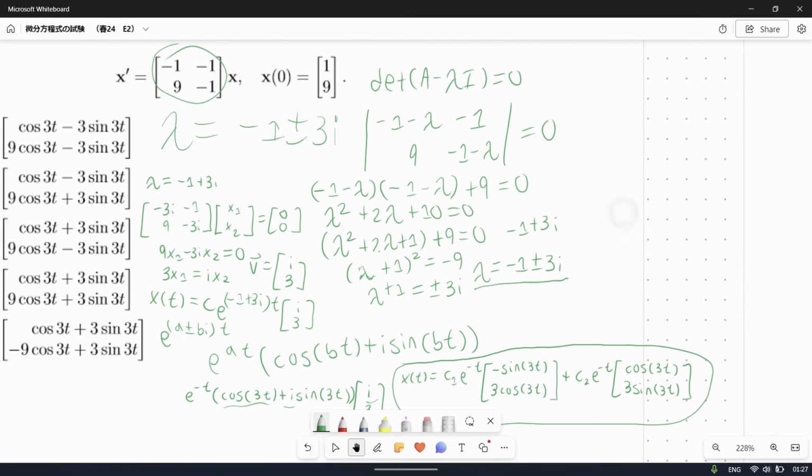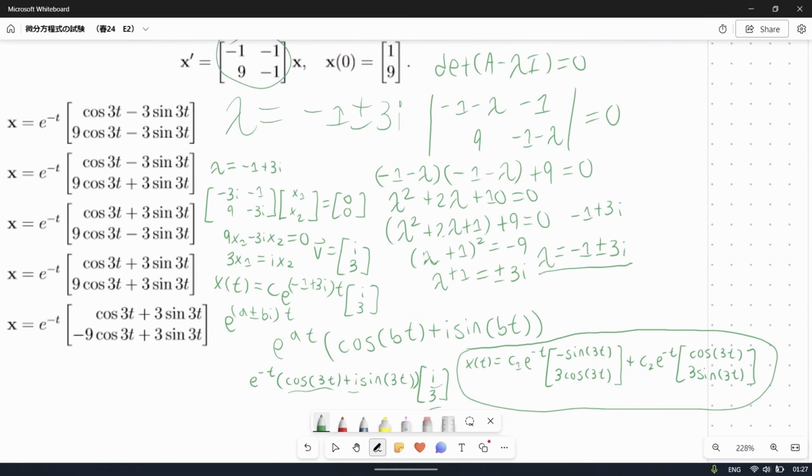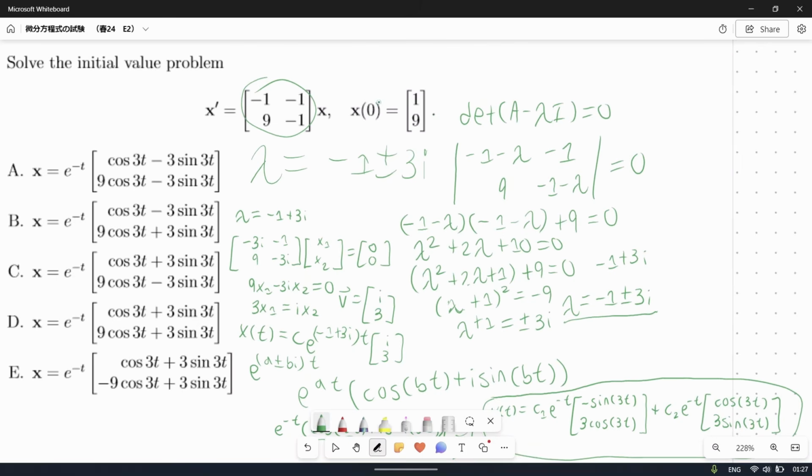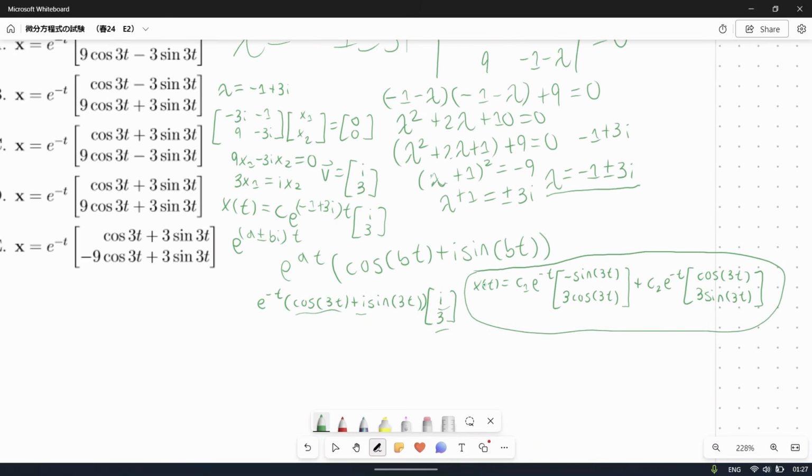So now we can solve our initial value problem, and it's conveniently written in vector form for us. I'm going to set up an equation to solve it, and it says that x of 0 is equal to 1 and 9. So we can plug in 0 for t.